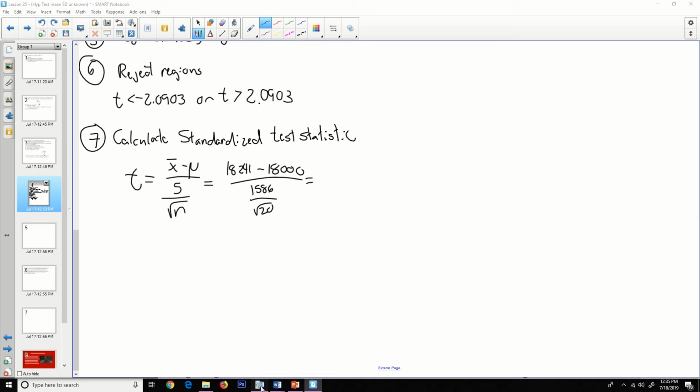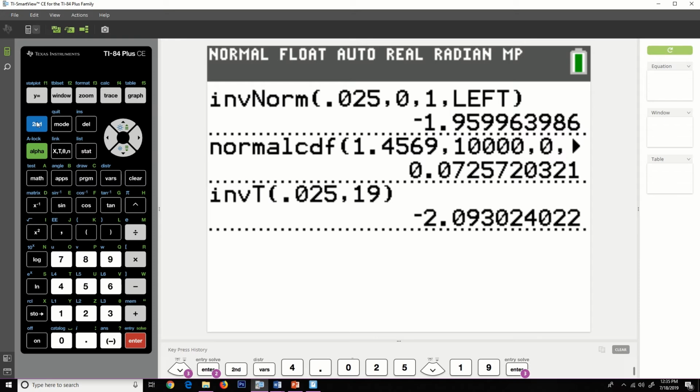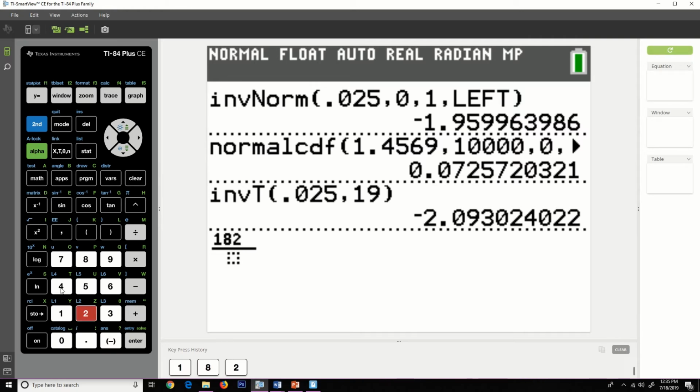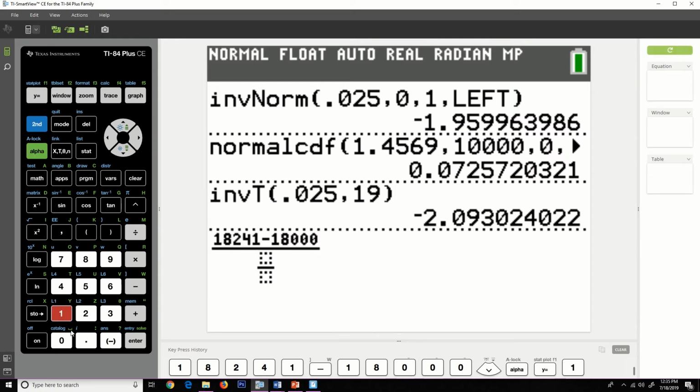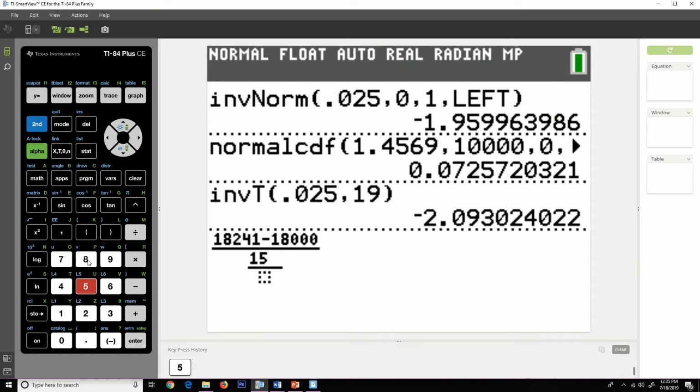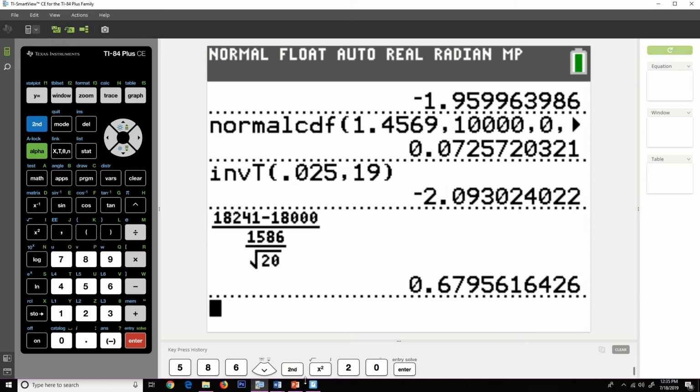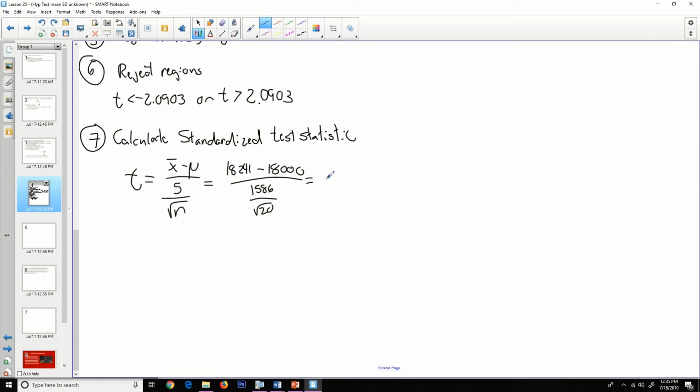I enter that fraction on the calculator, and I get this. This is my standardized test statistic. It was 0.6796. Now that's my t-score.